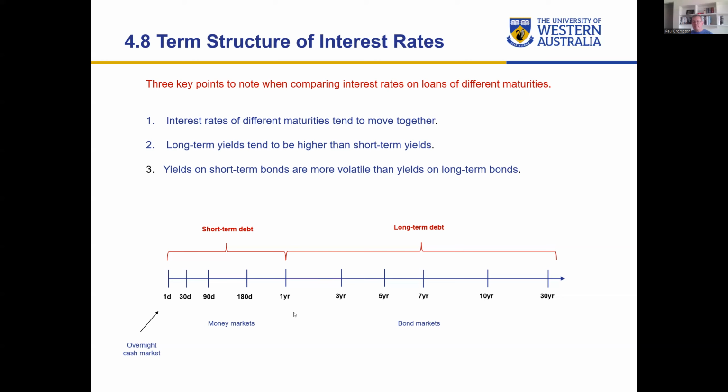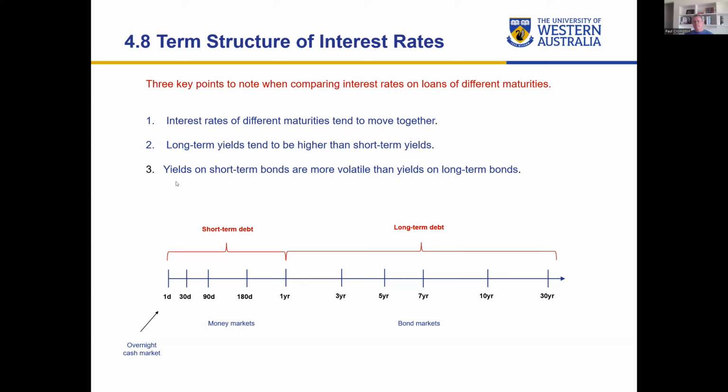So as you move from left to right and the term of the lending increases, then the annualized interest rate normally rises as well. There are exceptions to that, but generally, if economic conditions are stable and the economy is at full employment, then as we move from left to right and the term of the loan increases in these money markets, the annual interest rate payable on that loan should increase as well.